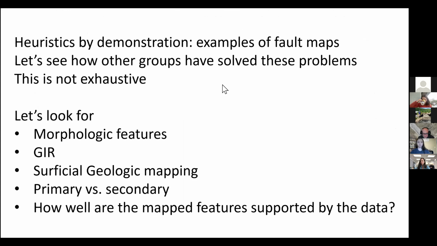This is not exhaustive, but let's look for things like the morphologic features, how that's used for GIR, different kinds of GIRs, superficial geologic mapping, how the different groups identify primary versus secondary faults. And again, how well are the mapped features supported by the data? These are mostly good examples, published, peer-reviewed, so they're mostly pretty well supported. But we'll see there are always ways to improve or different perspectives.